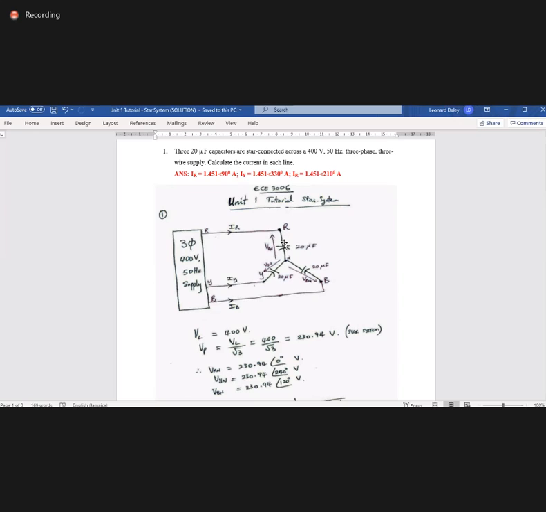So before we can find the line current, you must find the phase current.